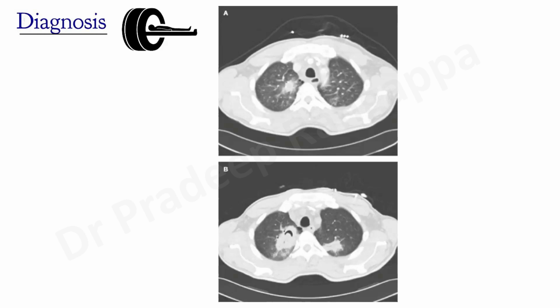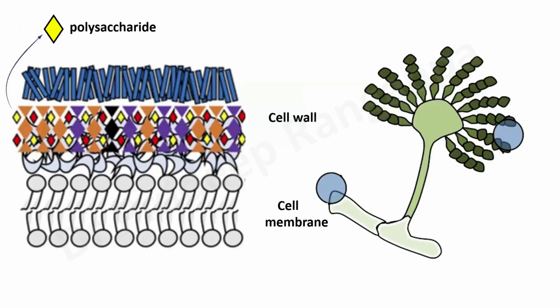So the main purpose of doing this video is to elucidate a bit of thoughts on galactomannan. The galactomannan test is a good screening tool for identifying patients with aspergillus. Galactomannan is a polysaccharide which is present in the cell wall and cell membrane of the aspergillus.